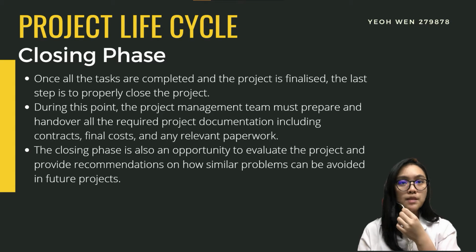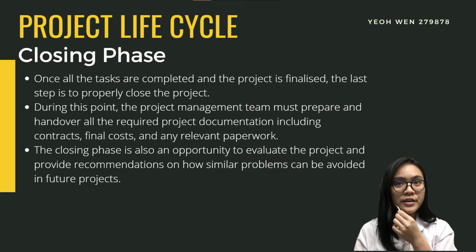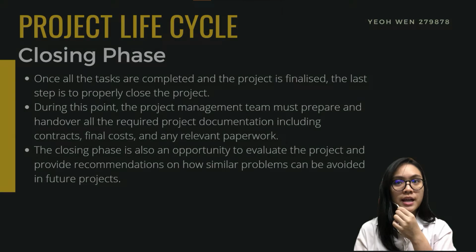The project manager must also ensure that all supplier and third-party contracts are resolved and all final payments are processed. The closing phase is also an opportunity to evaluate the project and provide recommendations on how similar problems can be avoided in future projects.